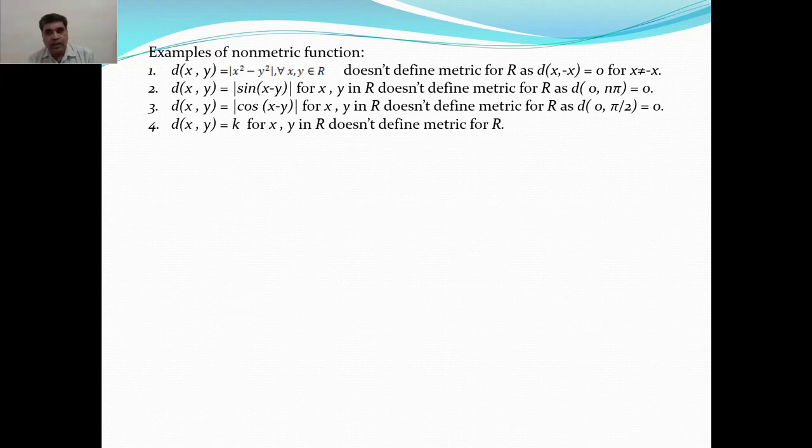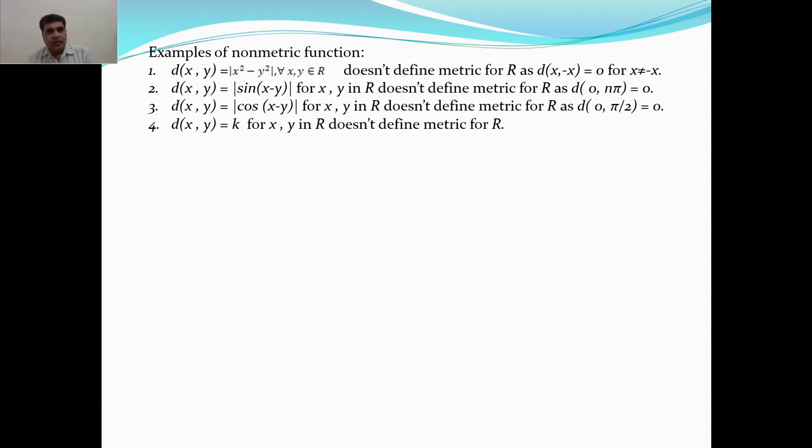Therefore, d of 0 comma n pi becomes 0. In fact, we know that sin n pi is 0 for any n. So, if I have two numbers x and y whose difference is a multiple of pi, then for those pairs x and y, mod of sin of x minus y must be 0, where x is not equal to y.